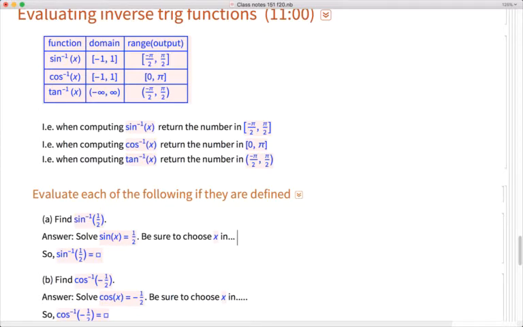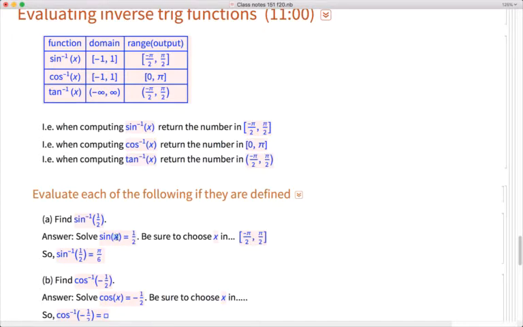This is the interval where we make our choice. That's going to be the output of the inverse sine function. So can we think of any number whose sine is a half? Yes, I believe pi over 6 works. And pi over 6 is in this interval. It's between minus pi over 2 and pi over 2. Just to point out here, there's another x that would work.